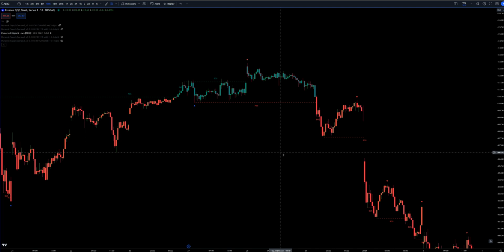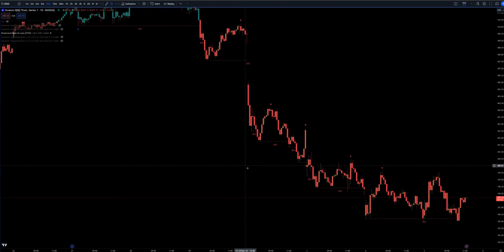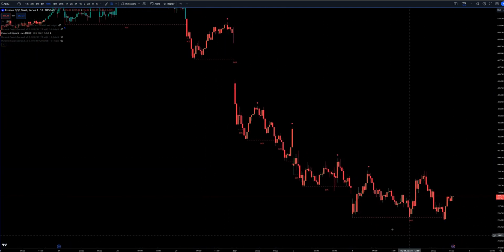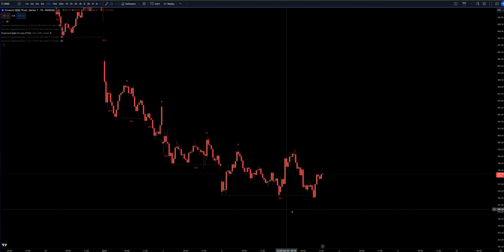So usually what you are interested in is where the market structure is right now. Right now it's a downtrend, so you would probably want to take the trades that are on the downside. However, you can also take the opposite side, but know that the trend is not in your favor.